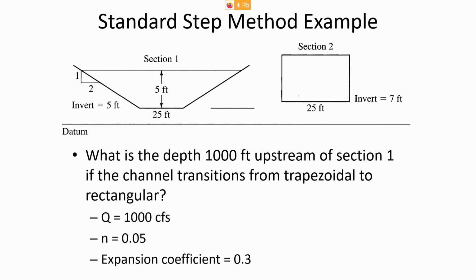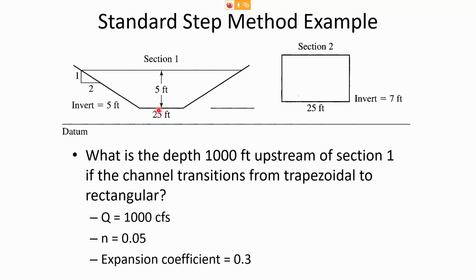Think of it as section 2 being upstream and rectangular, and the sides are laying down as the water flows downstream, because by the time we get to section 1, the sides aren't vertical anymore. They're laying down at a 2-to-1 slope. The bottom width is staying the same, 25 feet.